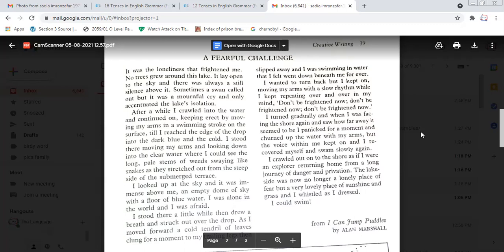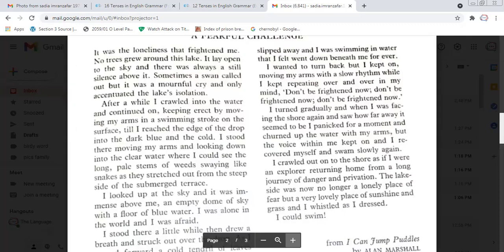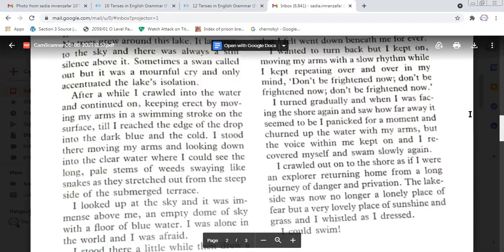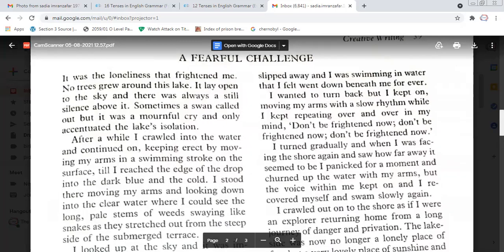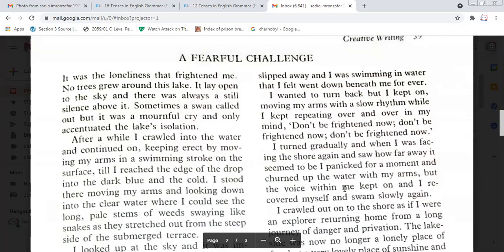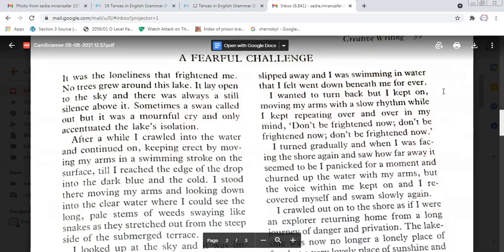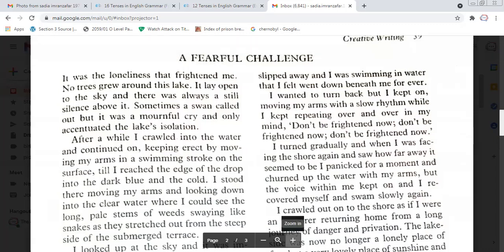I will zoom it and then I will be able to read it out. Now you are asking, may I read it out? Please read it out for me.